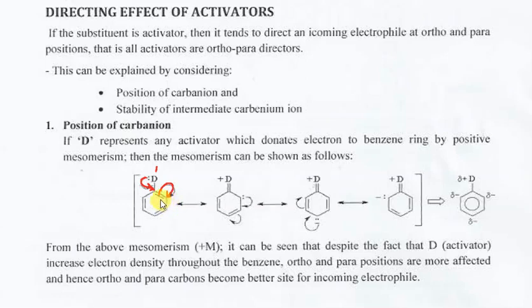Lakini maana yake from here this group inakuwa positively charged. You see, the group is positively charged because of the deficiency of electrons ambayo imetokana na kutoa lone pair, and the double bond is formed there. Unaona sasa electron density imeongezeka wapi? Imeongezeka hapa. That means at this place tunaweza kuweka negative hivi kuonyesha there is electron density.